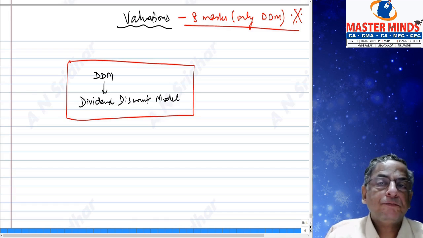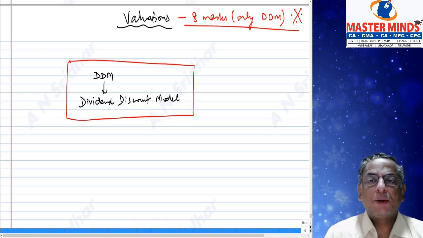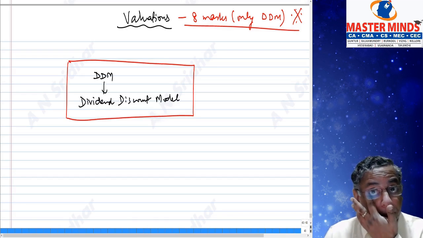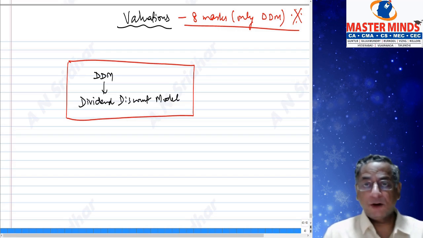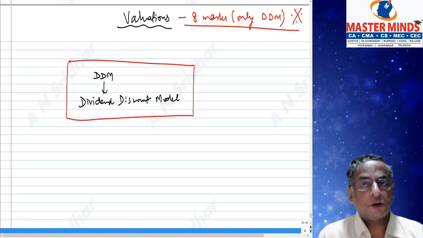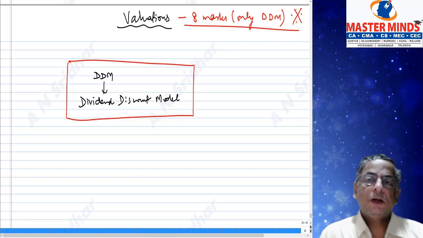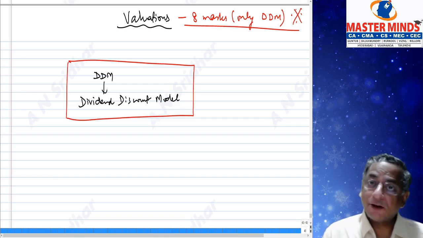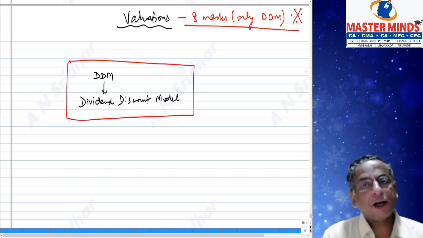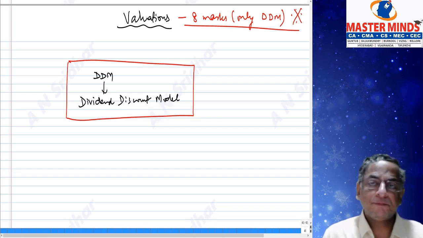Dividend discount model. Now I promised you in the beginning that I won't be expecting any great knowledge from you, except that you have passed the 12th standard and whatever basic information you carry, that is enough for us. And a little bit of basic statistics and mathematics you must know. So we are going to derive the formula. Possibly you have learned the formula by hearting it in IPCC, but never thought how it was derived.